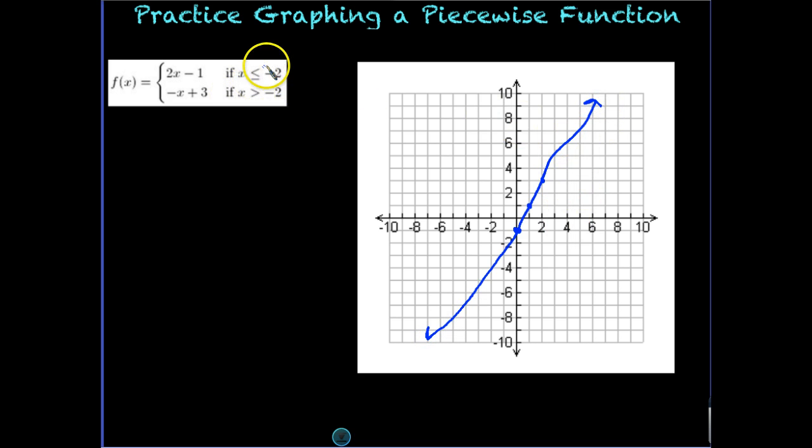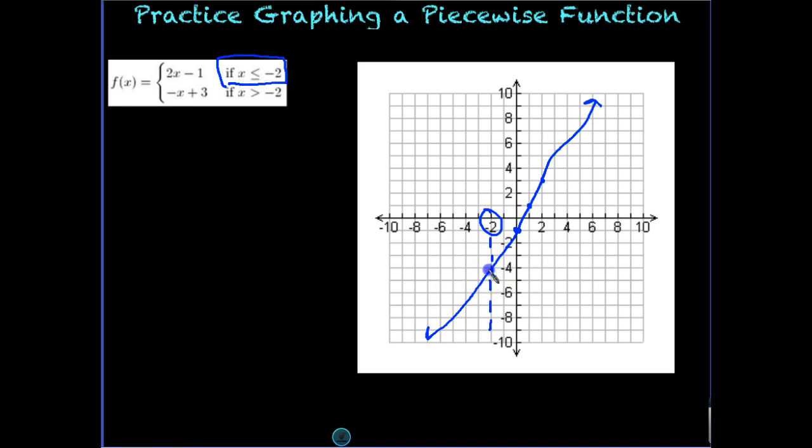And then we can determine how much of it we want to see based on this domain. So we only want to see the parts where x is less than or equal to -2. Here's -2. So if I come down here, we only want to see this part down here, and I'll highlight it in orange.